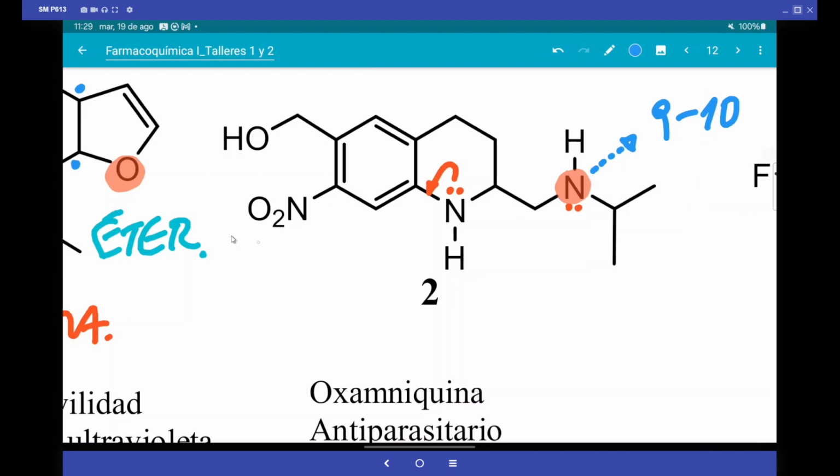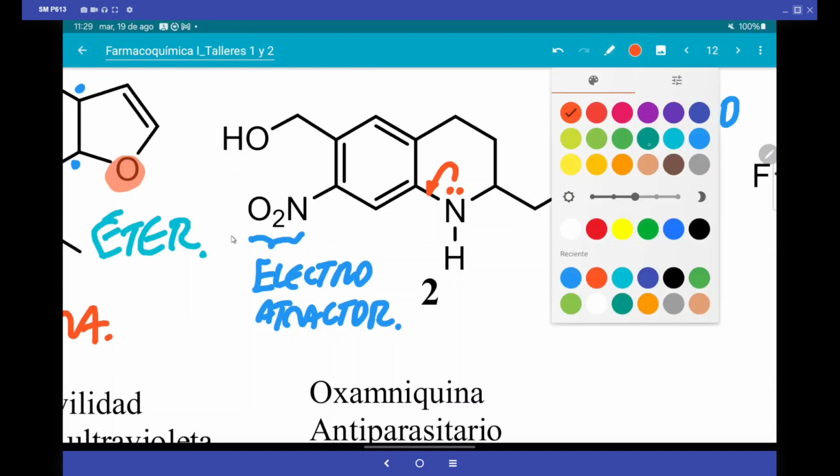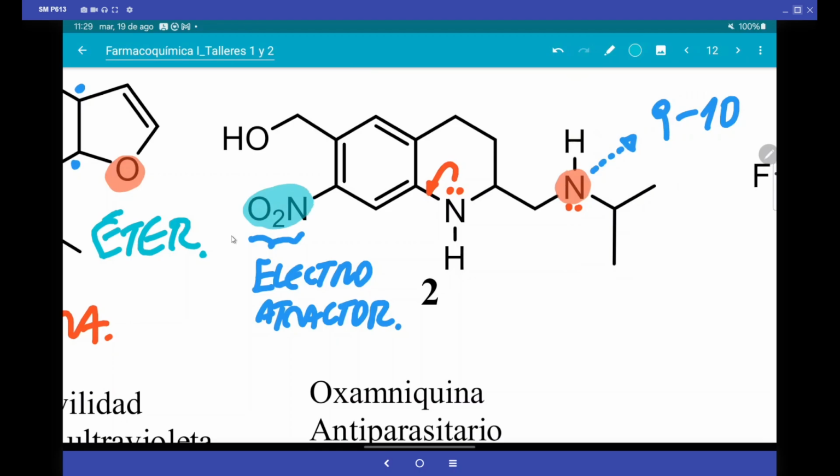The nitro group is an electron-withdrawing group. The nitro group confers what type of toxicity to molecules? Remember. Exactly, very well, and in this antiparasitic, probably, that nitro group is the activity. If you want to kill a parasitic worm, it is good that it induces toxicity.